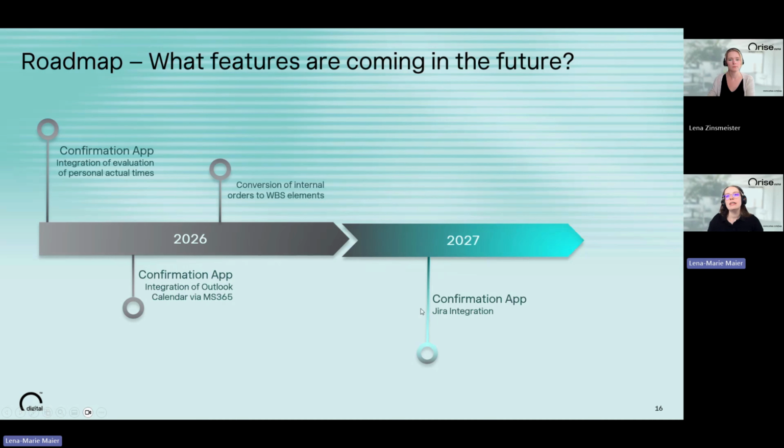And the last topic that I have is the integration to Jira. So I talked about external systems before. Next year, we will do the integration to the Jira software and enable the time booking into Jira software.